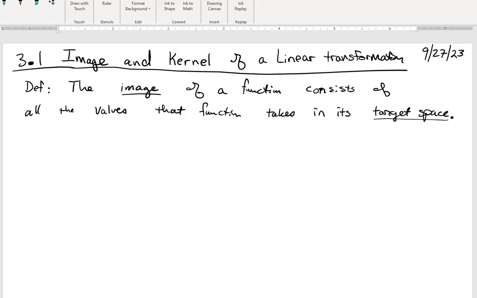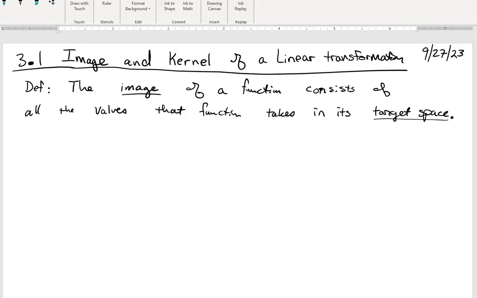Now the word range really has a more precise meaning, and it's not one of our words. The word image is really the term for the set of all y values, the set of all outputs. Okay, so domain is still, as in Math 112, all your x values, all your inputs.